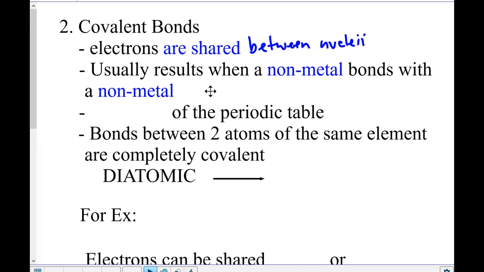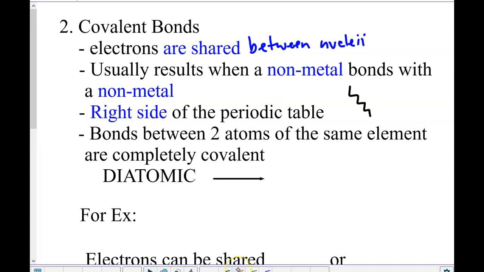And if we think about the periodic table of the elements, we have this artificial barrier that we speak about, the staircase, and nonmetals exist on the right side of that periodic table.